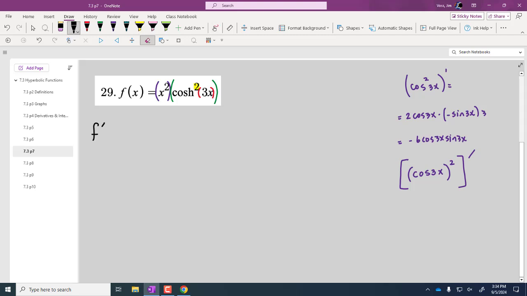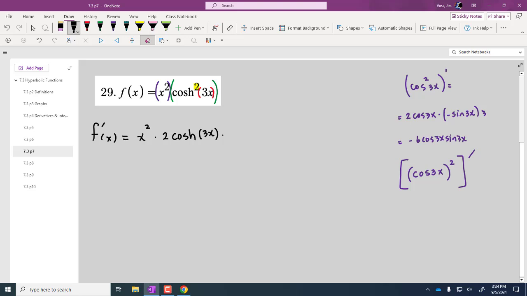All right, so let's come over here and try to do this one step by step. So the derivative is the first function, that's x squared, multiplied by the derivative of the second function. That second function has an outer power of a square. So that 2 comes down, it's going to be 2 cosh to the first power of 3x. So that's the power rule part. 2 comes down, subtract 1. Now the chain rule part says, now differentiate the base.